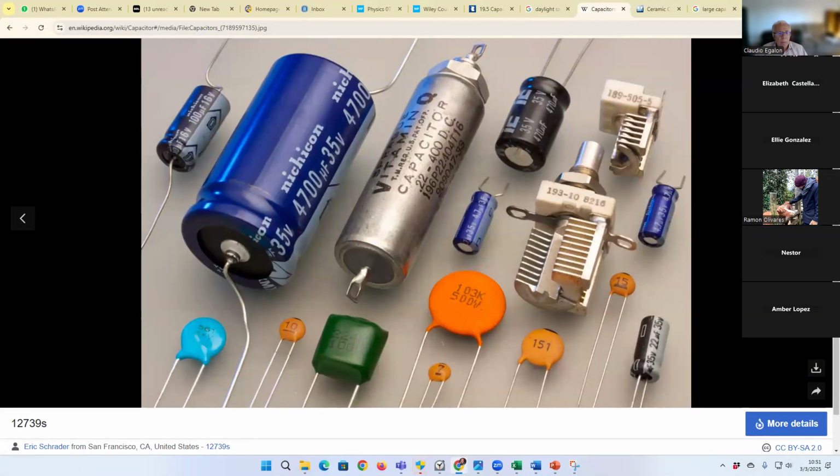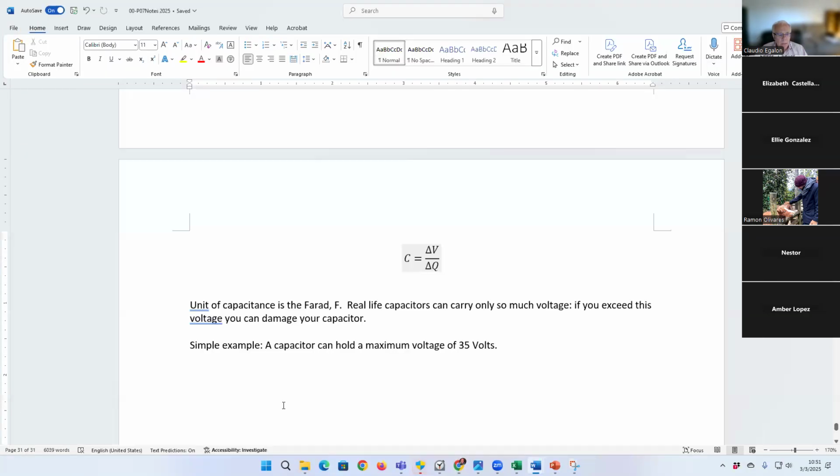Its capacitance is known to be 4,700 microfarad.